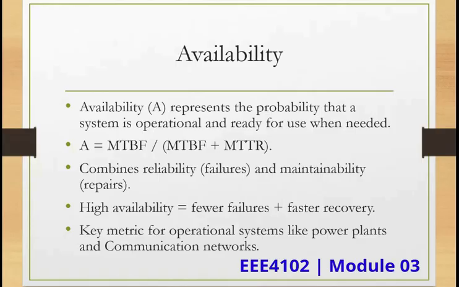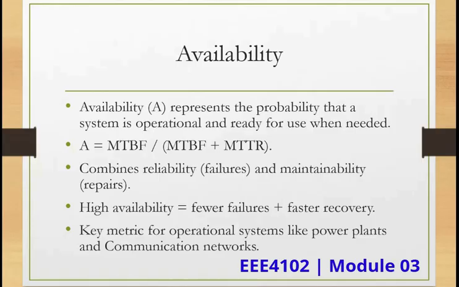So when MTBF is high, availability is also high. When MTTR is high, availability is low. It is a key metric for operational systems like power plants and communication networks. It is very key because these systems have to be up and running 24/7.